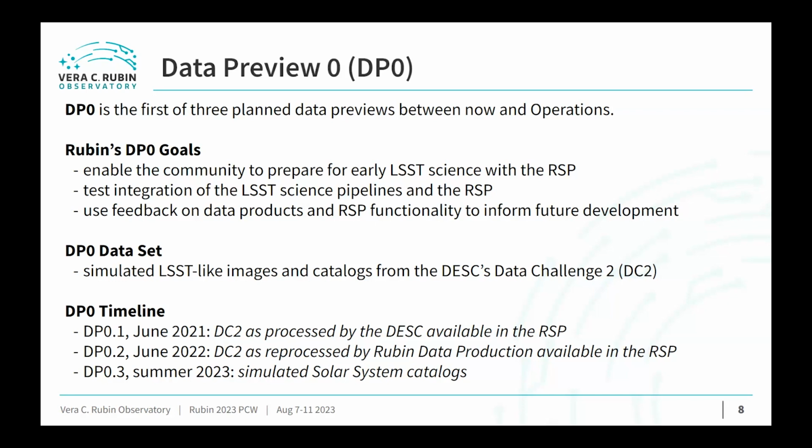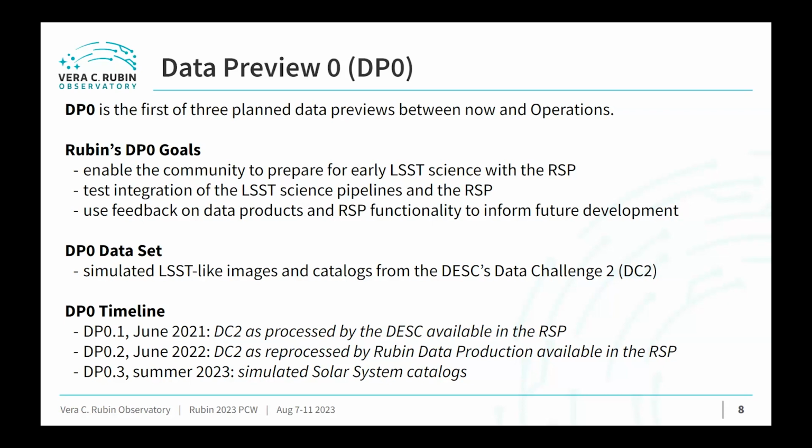So the timeline for DP0 was that in June of 2021, we released DP0.1, which was based on the DC2 data set and was processed by the DESC. In June of 2022, a year later, we released DP0.2, which was the same underlying simulations, but reprocessed by Rubin staff with more updated versions of the science pipelines.